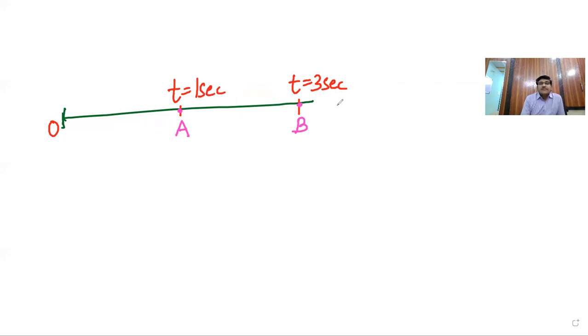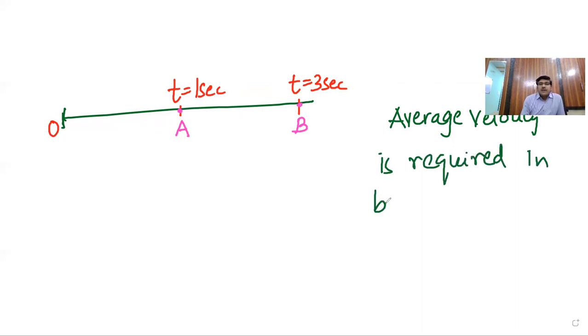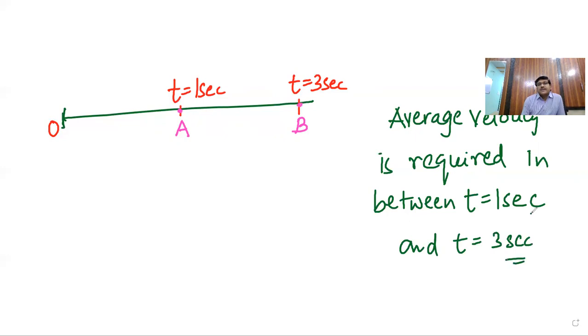Here I clearly write: average velocity is required in between t is equal to 1 second and t is equal to 3 seconds. That means in between A and B. Now, what is the formula of average velocity?